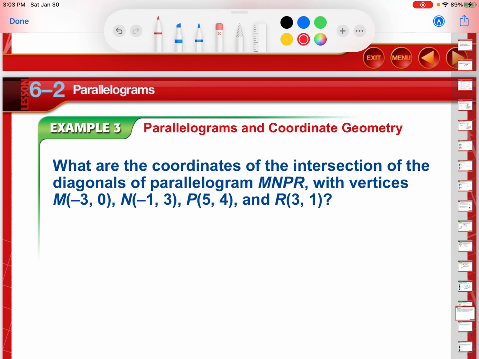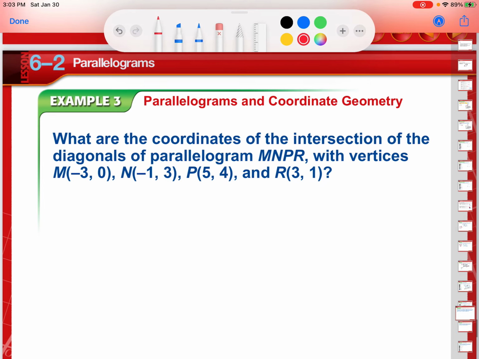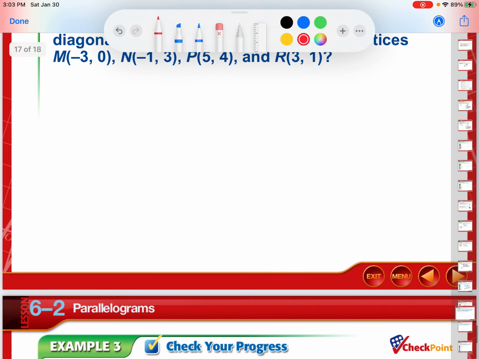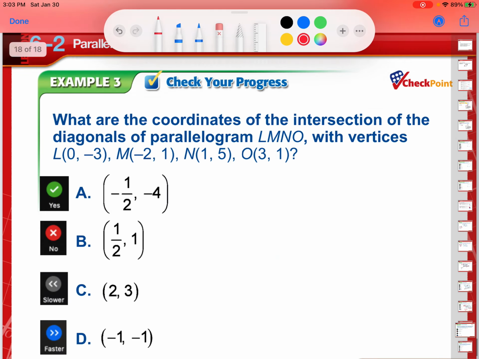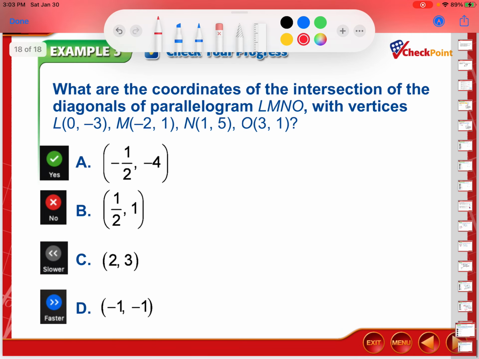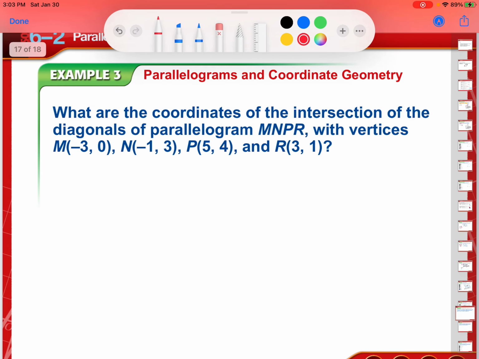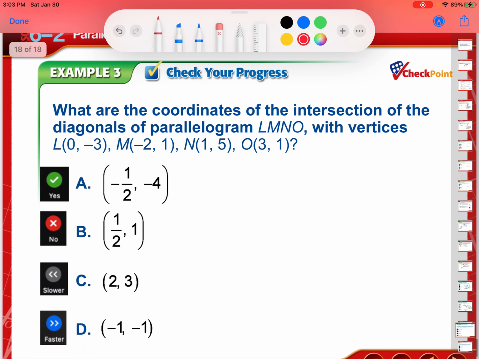Right off the bat, graphing this on graph paper seems like a chore to me. So what I would do is use GeoGebra, and I will post a video of me doing that so you can see it. I would use GeoGebra for this problem, and also for this example 3.